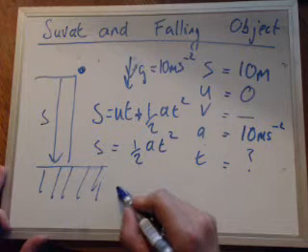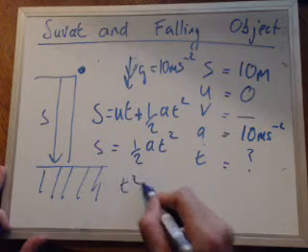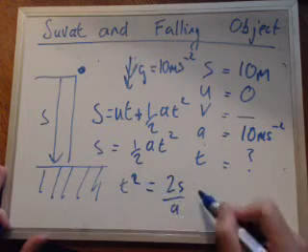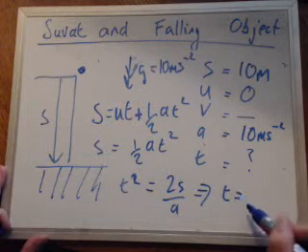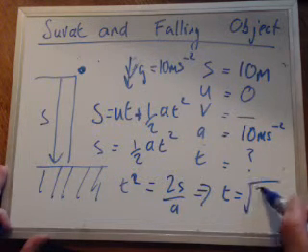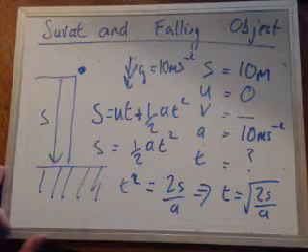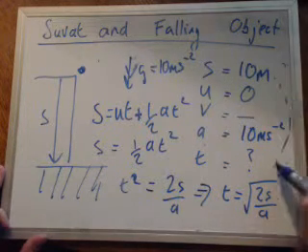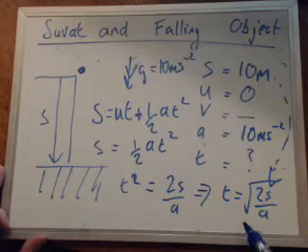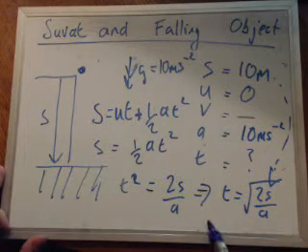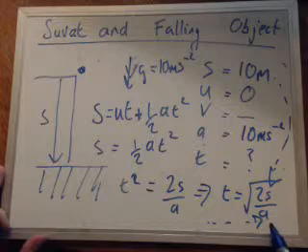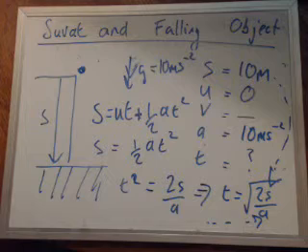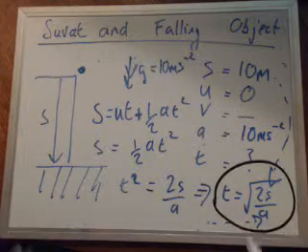We want to find t, so t squared equals 2s over a, which implies that t is equal to the square root of 2s over a. To find the time, we plug in 10 for s and 10 for a, and then we'd get an answer for how long it took to drop. And we'd be using this as the equation.